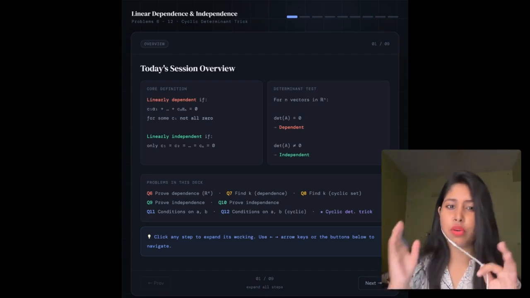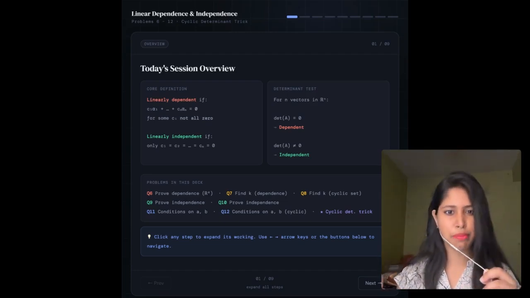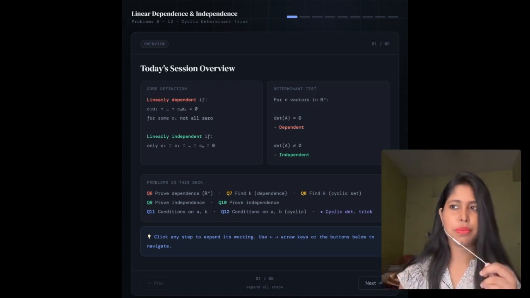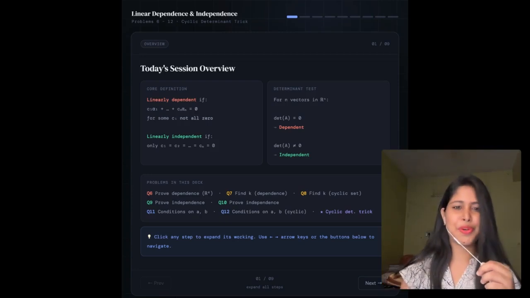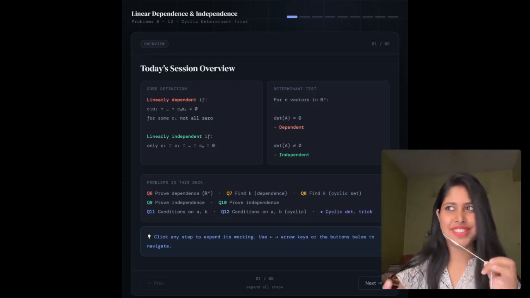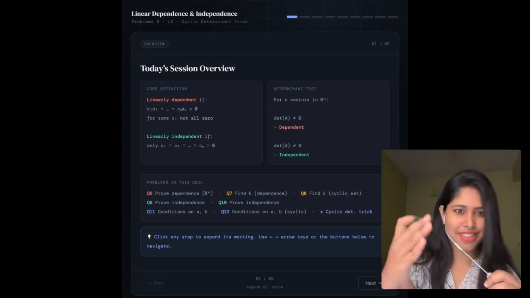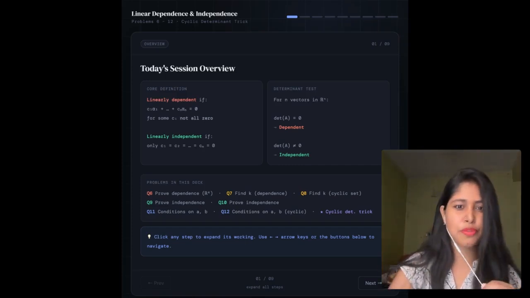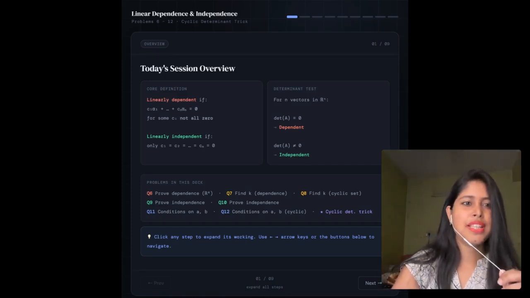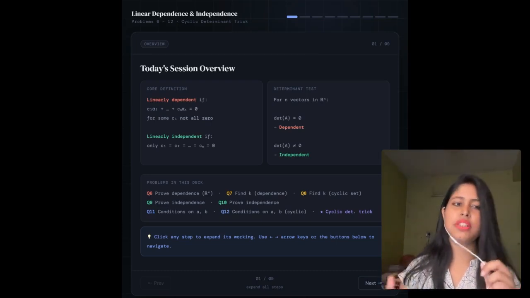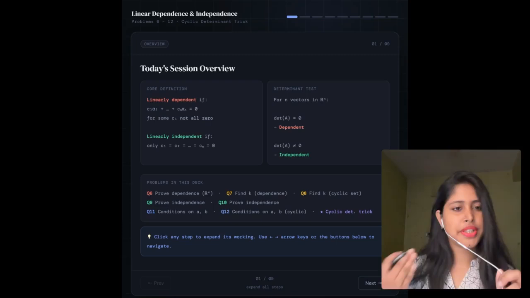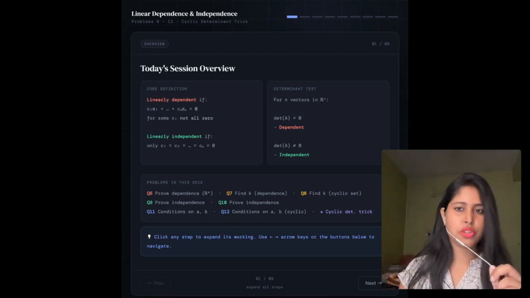But before that, I want to present this interactive slide which I made for your reference of notes, because I know that watching my handwriting only, that sounds boring, but these fun slides will be very important for you for reference. Okay, for today's session, first we're gonna do a recap of what is linearly dependent and what is linearly independent, the two definitions of which are the core idea of today's class, right?